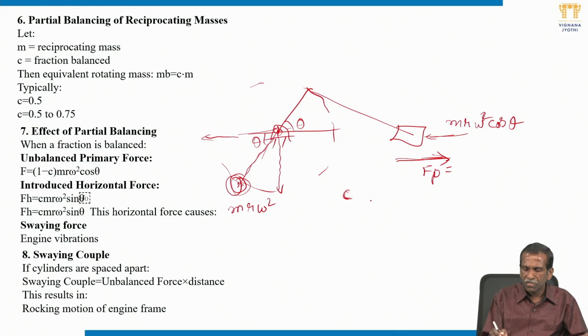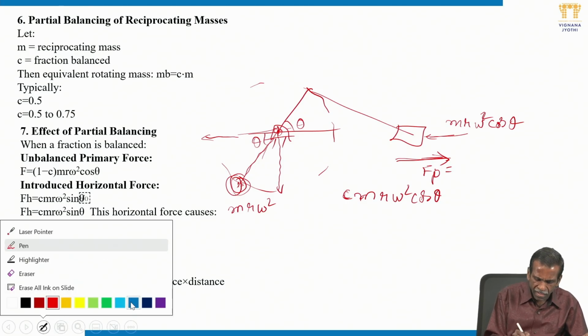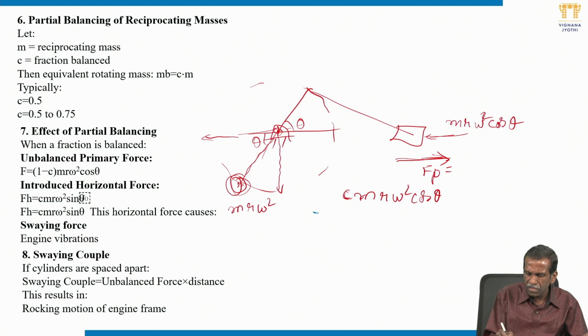So if you balance only C multiplied by mr omega square cos theta, then the unbalanced primary force is (1 minus C) into mr omega square cos theta.